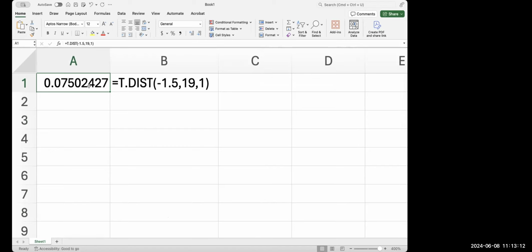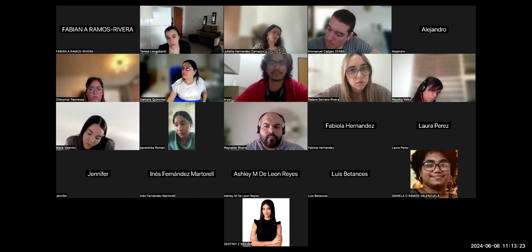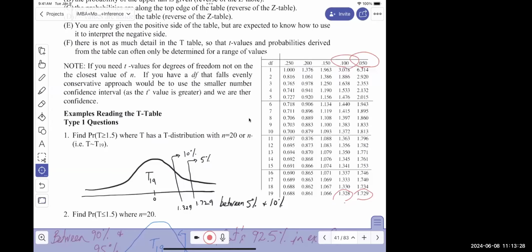Any questions? Just remember, Excel will always give you the left side. So it gave 92 because it was giving the left side of 1.5, which would have been all of this that way.